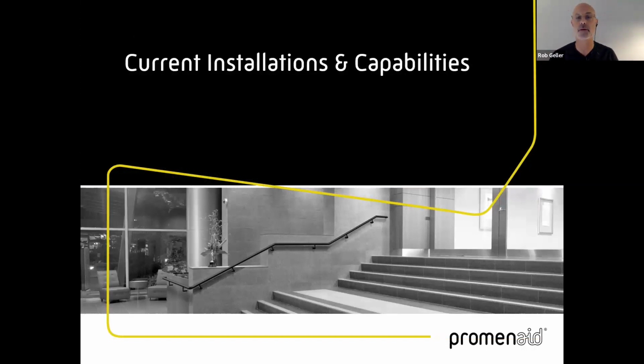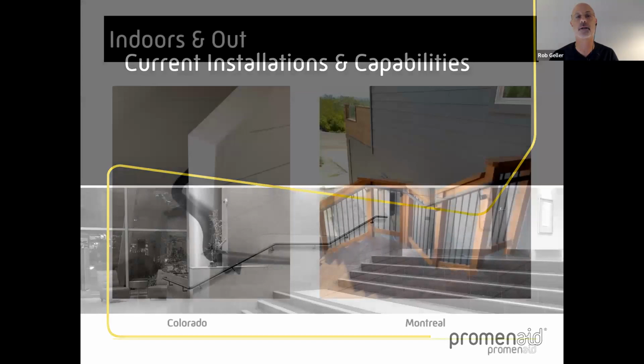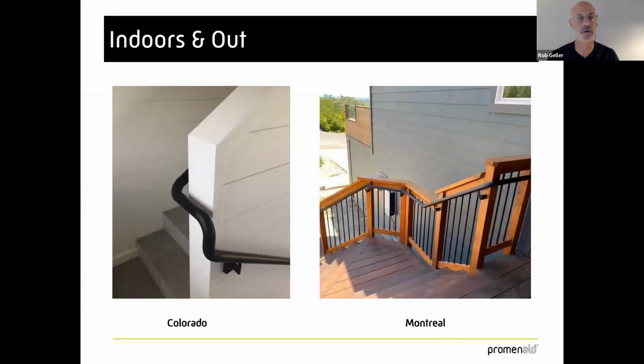So what I want to do quickly is show you the scope of what we can do, and then get into the type of support and where it makes your life easier, because that's what it's really all about. It's a system that's good for indoors and out, and a lot of the photos you're seeing are from customers, either homeowners or really large construction companies who were installing Promenaid for the first time and had never seen or touched it before.